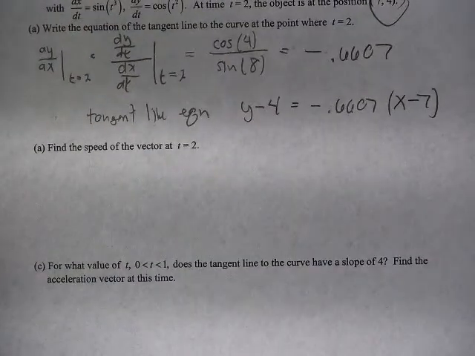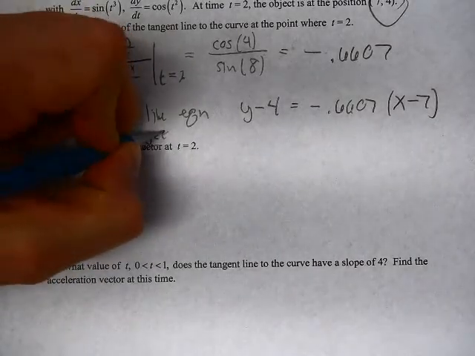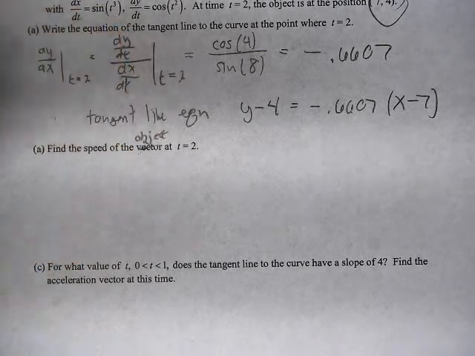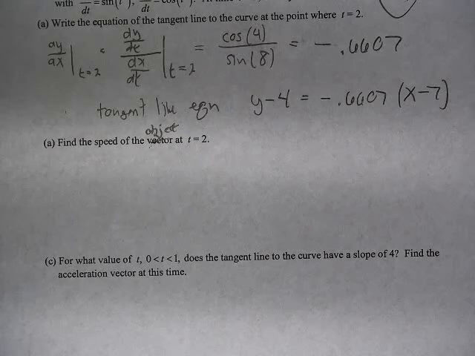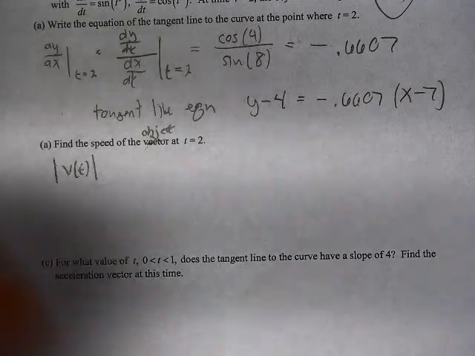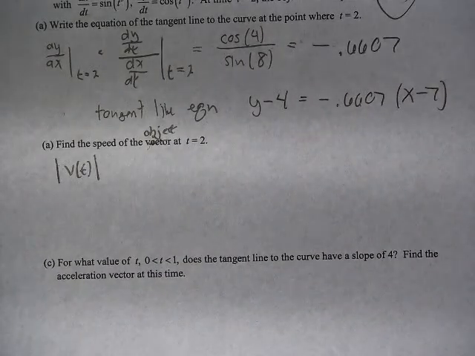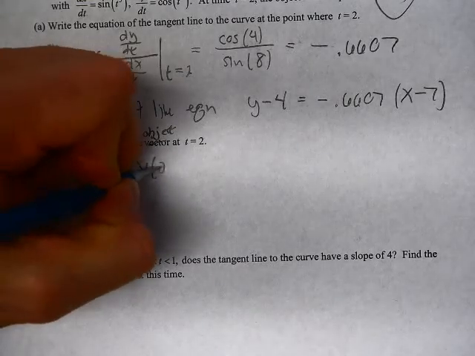All right, I want to find the speed of the object, not the speed of the vector. The speed of the object is just the magnitude of the velocity vector. So we're trying to find the magnitude of the velocity vector when t equals 2.